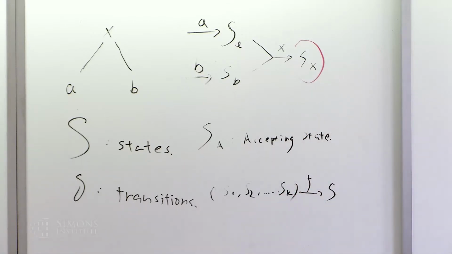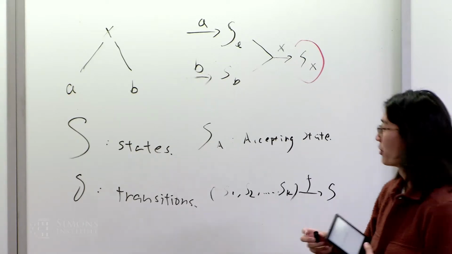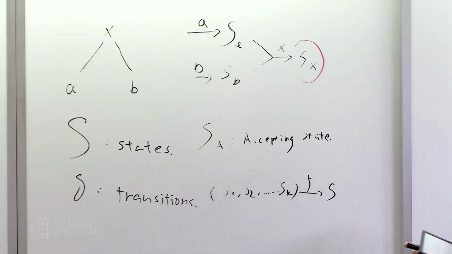Okay, so right now our automaton is not very interesting, since it only accepts one single tree. So let's make it a little more interesting. I'm going to make it into a larger tree first.